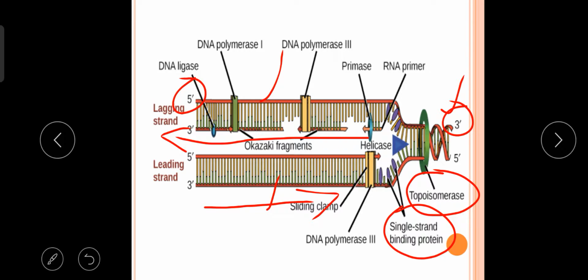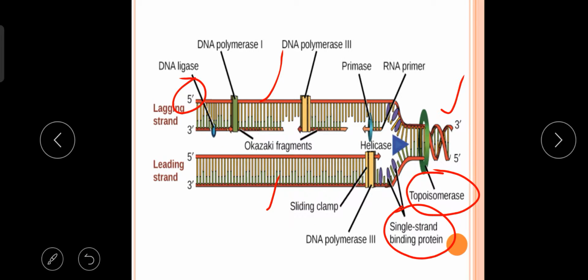In this strand, fragments of DNA are always formed, which are called Okazaki fragments. All these are gaps, that means fragments of DNA, and all these fragments are joined together by the ligase enzyme.